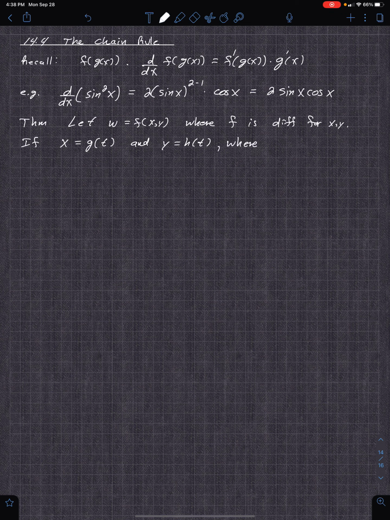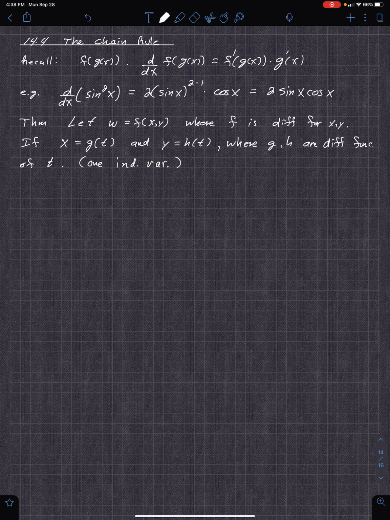Okay, and those are differentiable too. So where g and h are differentiable functions of t, we consider that one independent variable case. One independent variable.